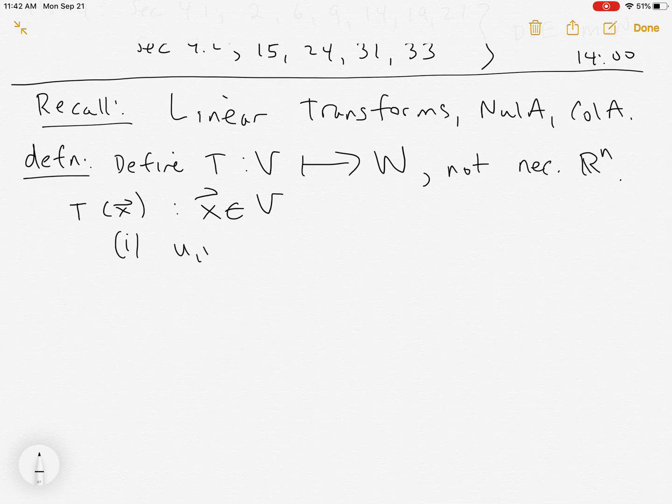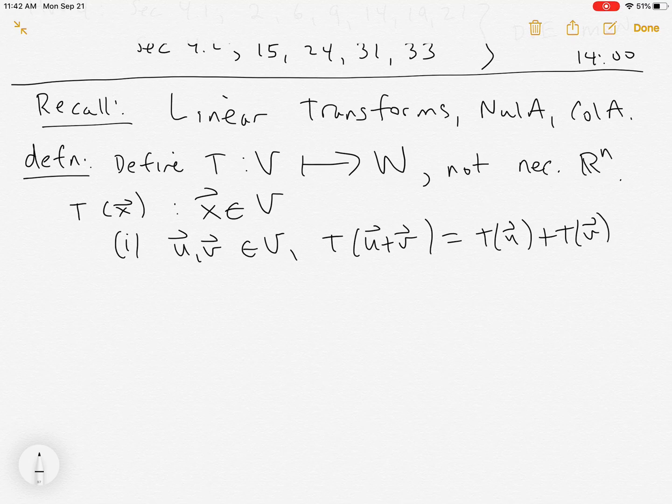For any U in V, the vector of the sum is the sum of the vectors, so it's closed under addition. And remember, this addition might be different than what you're remembering from Rn. Usually it isn't. And then it's closed under scalar multiplication, so T of Cu is equal to C times T of U.